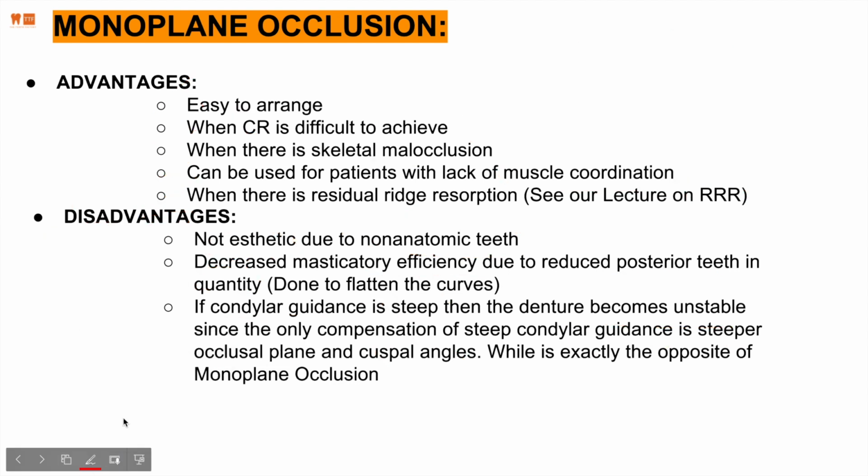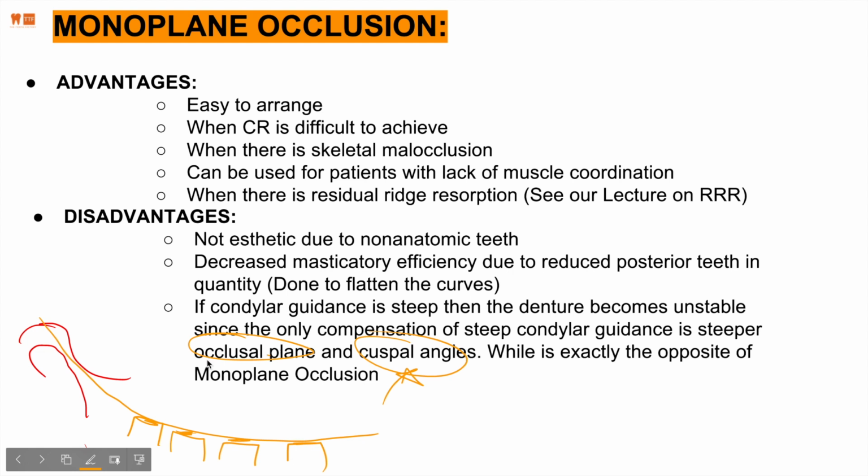So what is that sentence trying to say? Is, for example, if your glenoid fossa is like this, where the condyle is like this, there is a very, very steep condylar guidance. In that case, a monoplane occlusion is used, because the disadvantage is that even with steep, you're looking at steep occlusal plane and steep cuspal angles, but monoplane prevents us from using steep cuspal angles, right?